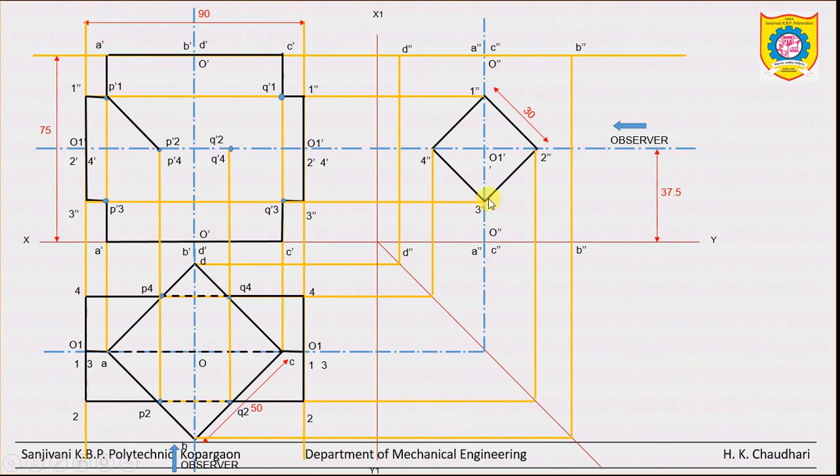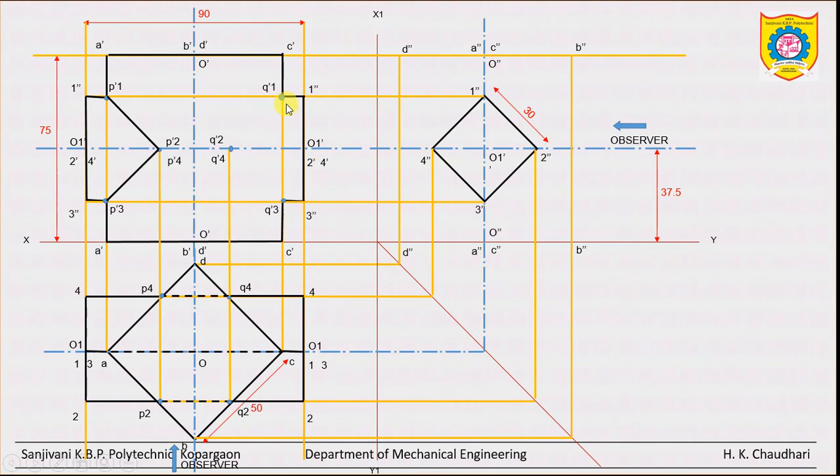Here we can observe in the side view. Okay, 1 is at the top and 3 is at the bottom. So we have completed this intersection now. So similarly, from the bottom side also you can join. Clear?